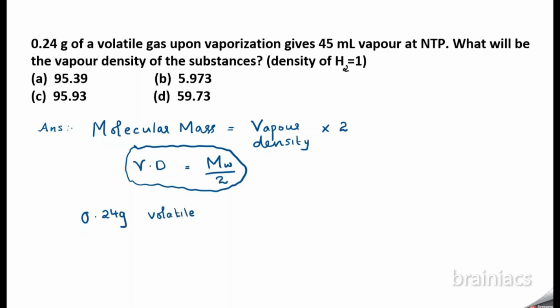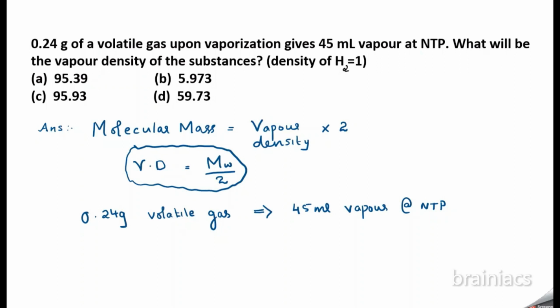We don't know what the gas is. It gives 45 ml vapor at NTP.